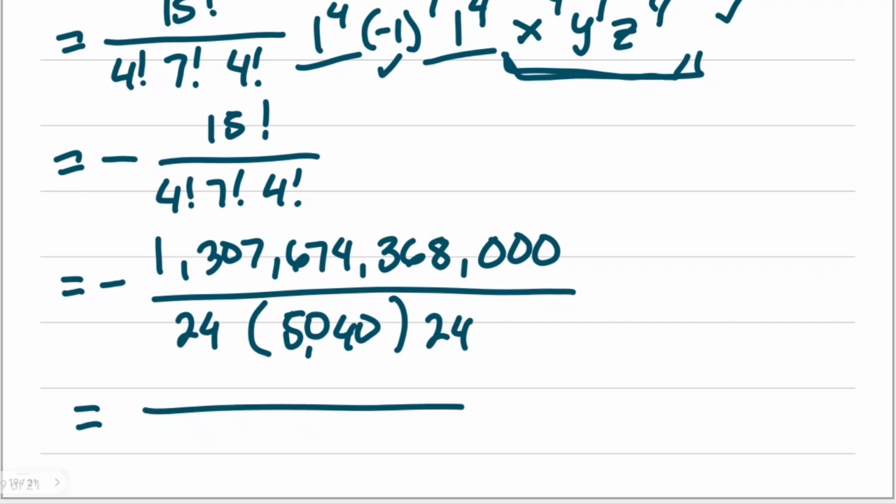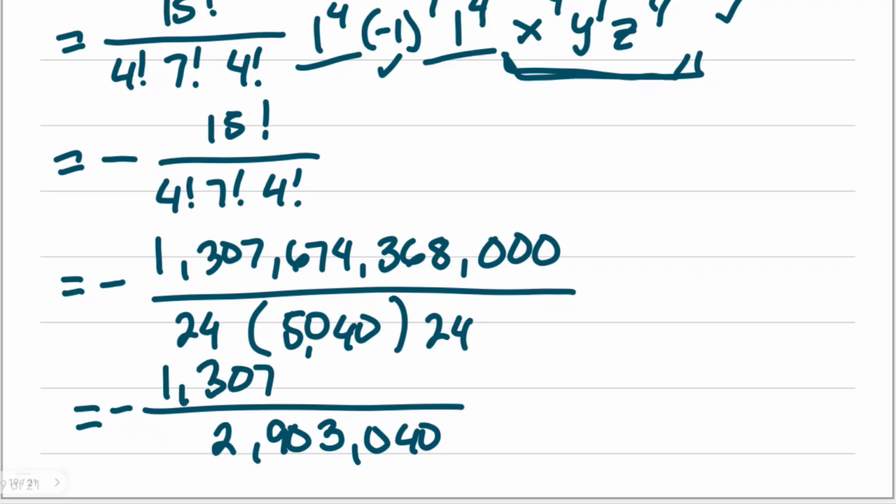Your denominator, let's start with the denominator first. 24 times 24 times 5,040 will get a result of 2,903,040. Again, this is negative and our numerator is still 1,307,674,368,000.